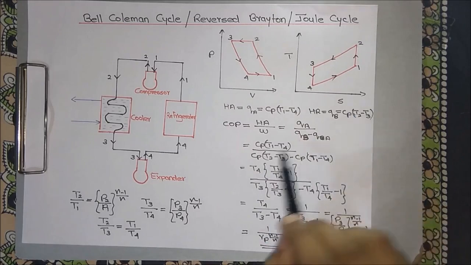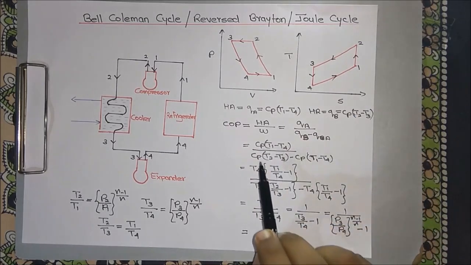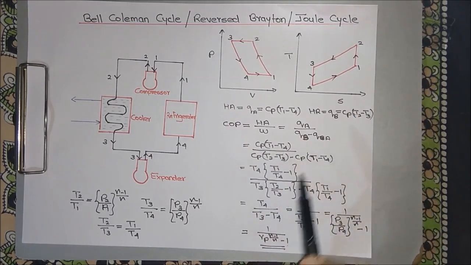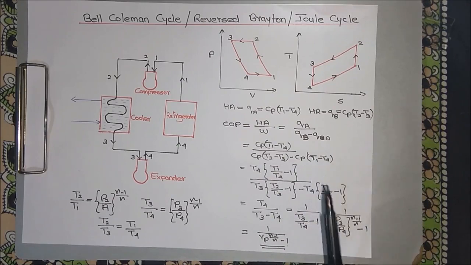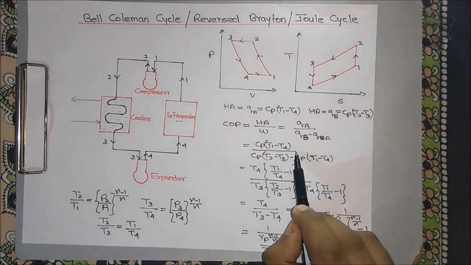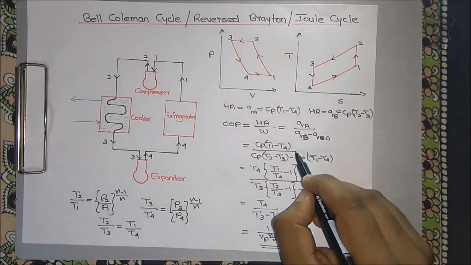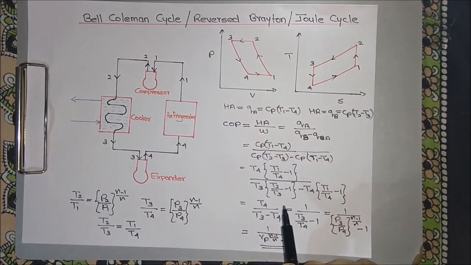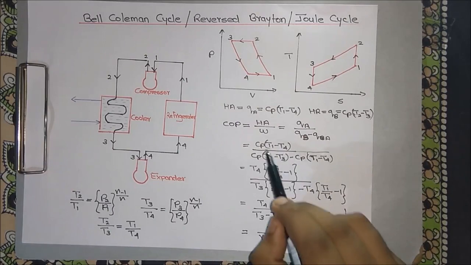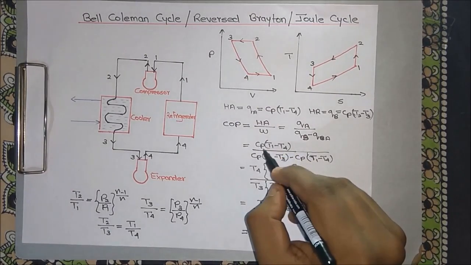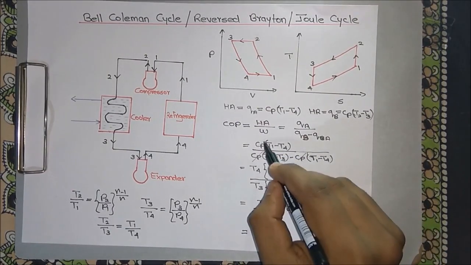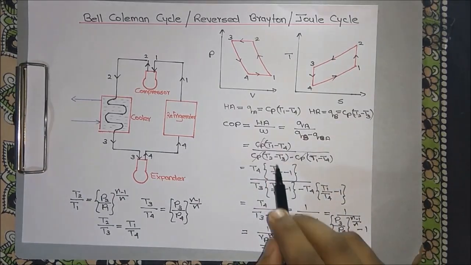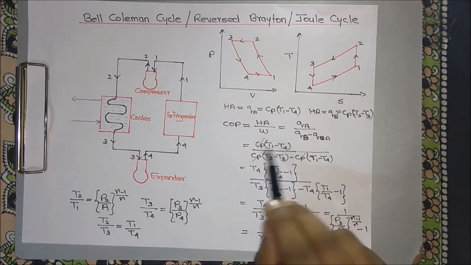Substituting QA and QB from these equations, we will get Cp into T1 minus T4 divided by Cp into T2 minus T3 minus Cp into T1 minus T4. Cp will get cancelled from the numerator as well as the denominator.